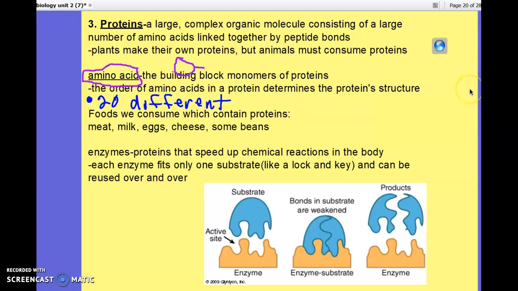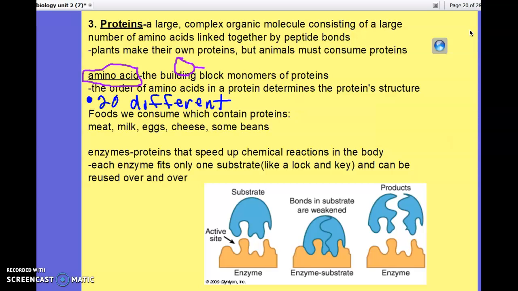20 different amino acids build all the proteins known to all living things on this planet. Okay, so there's 20 different ones. And think of it again as a bead. Let's say that Halloween's coming up, we have orange beads and we have black beads. You can make a lot of different patterns with even just those two colors of beads.